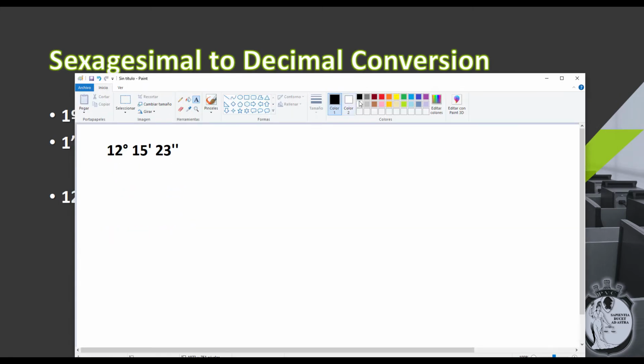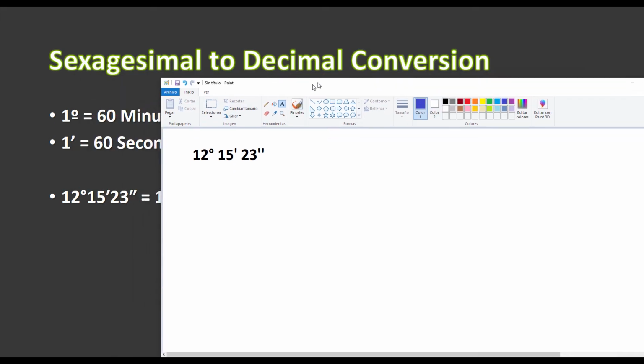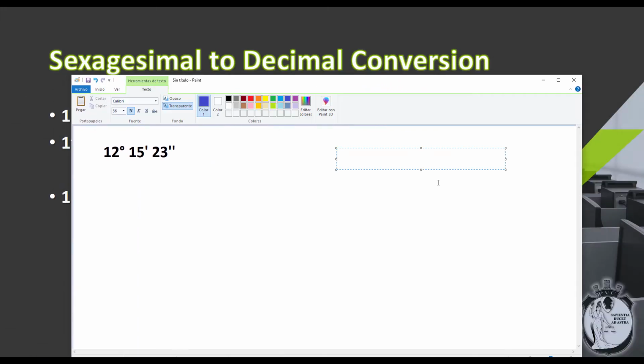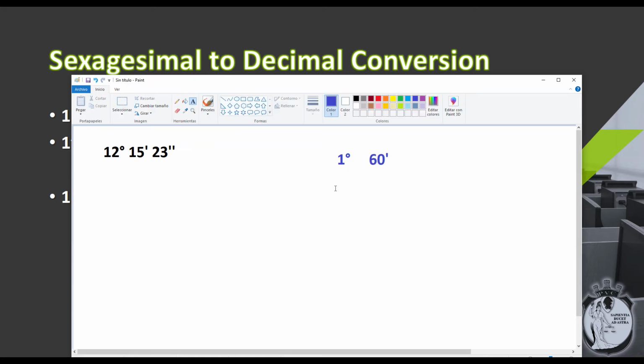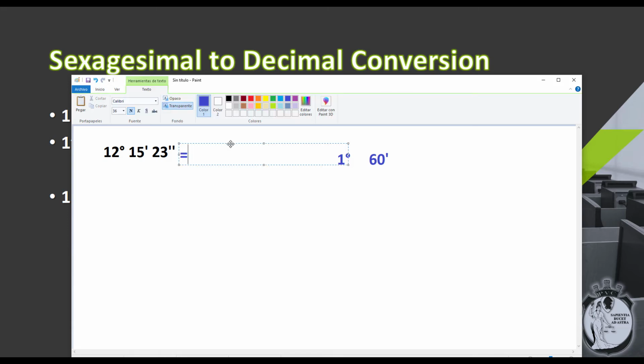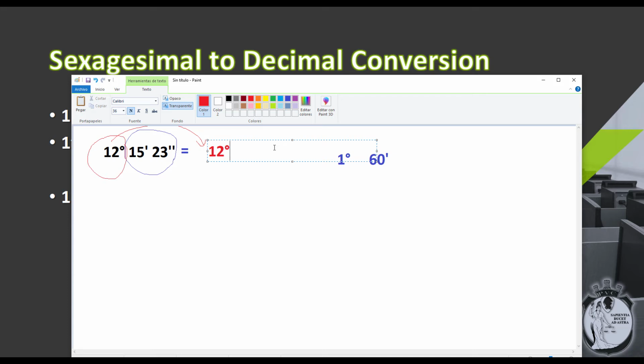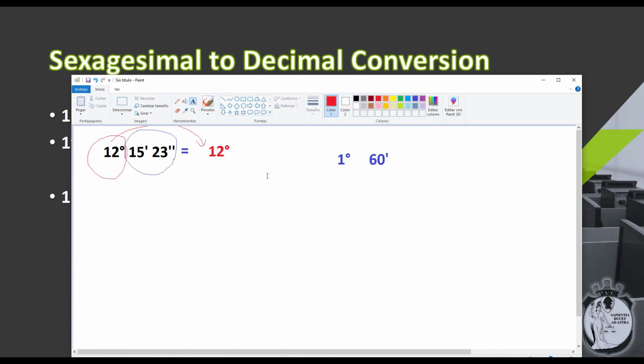You need to remember that 1 degree is 60 minutes. When you convert, you only work with the decimal part. The integer part stays equal.